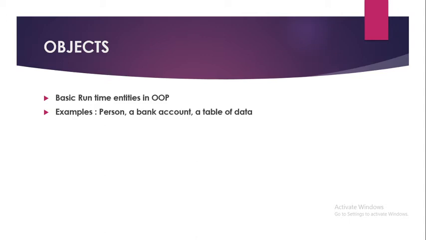It can be anything which has some data and can have some behavior; that can be said to be an object for our OOP program. At the time of execution of the program, objects interact with each other. The basic concept of object-oriented programming is the object.